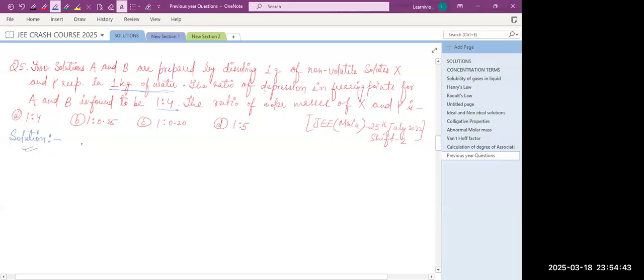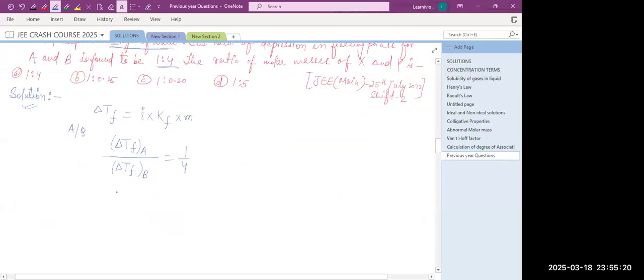Okay, see, everyone. We know that the depression in freezing point is directly proportional to the molal concentration of the solution. According to the question, the ratio of depression in freezing point of both solutions is 1:4.